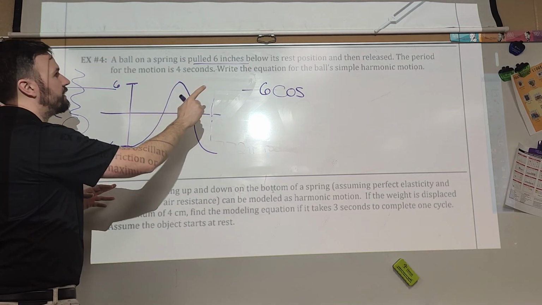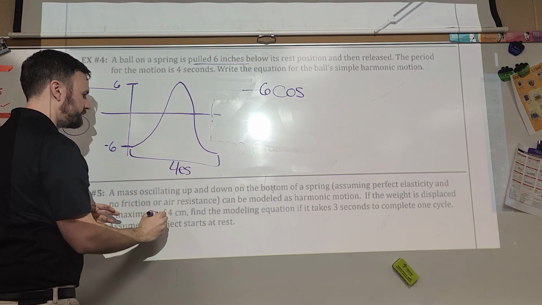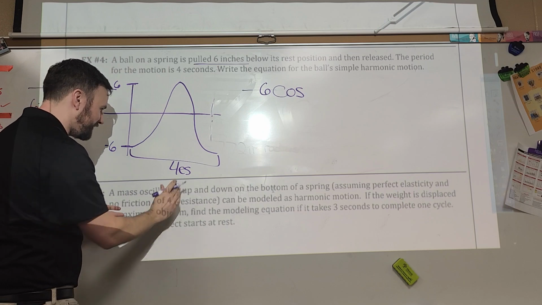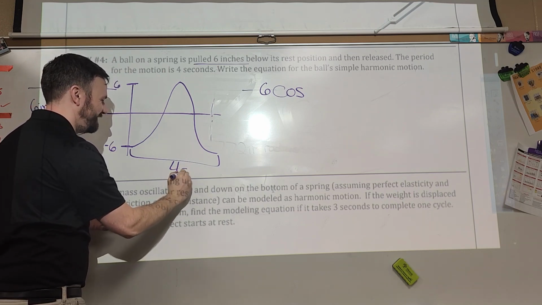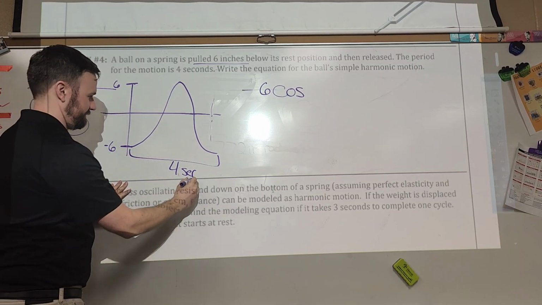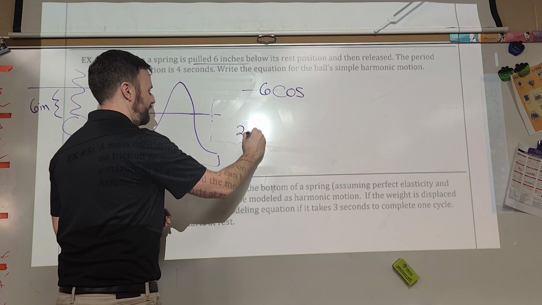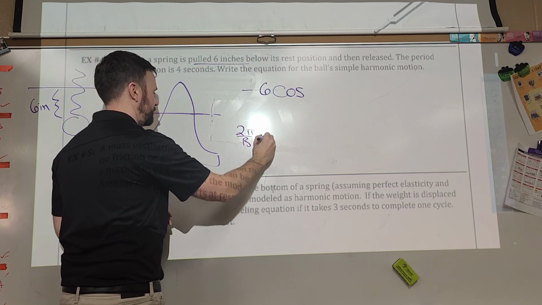The period is 4 seconds. So how am I going to find my b? 2 pi over b equals 4, right?